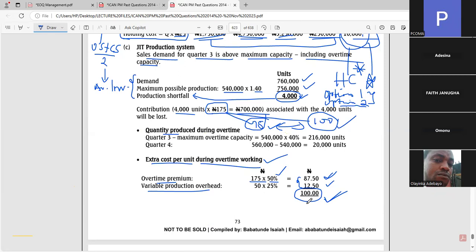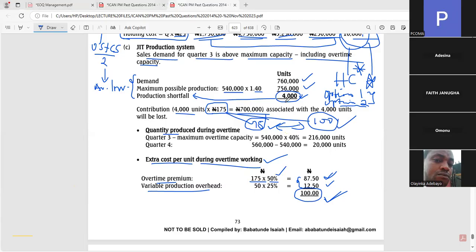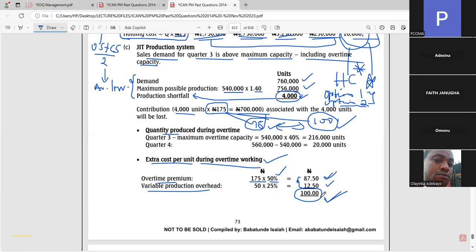Answer me. Won't we find a way to get our extra 100 naira that we are spending on overtime when we sell? Yes, sir. Good. So because we are unable to produce this 4,000, it simply means that this 100 naira that we would have gotten from the sale, if we were able to produce this 4,000, we are losing it. And this 75 naira on the normal product, we are also losing it. That is your 175 that we have here.